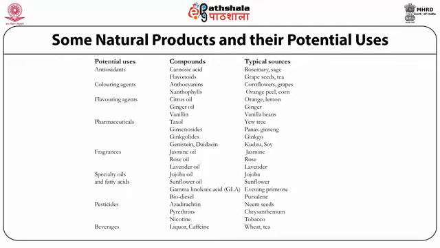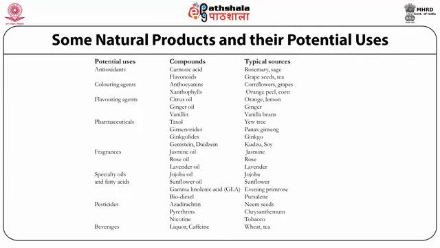This is another list that provides you the potential uses of natural products other than therapeutic agents. Like we have carnosic acid and flavonoids obtained from rosemary, grapes, etc. They are potential antioxidants, while various coloring and flavoring agents are obtained in the form of anthocyanins or some of those aroma oils like citrus oil, ginger, vanillin, obtained from plants shown against their name, so they make good flavoring agents.